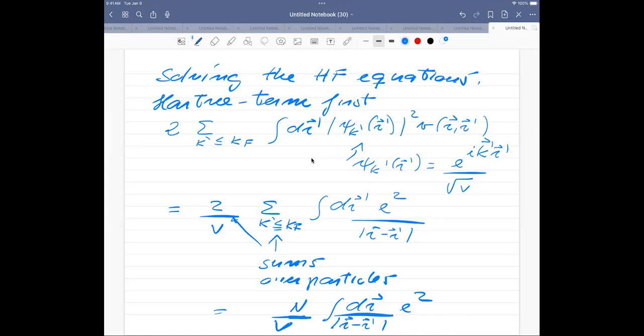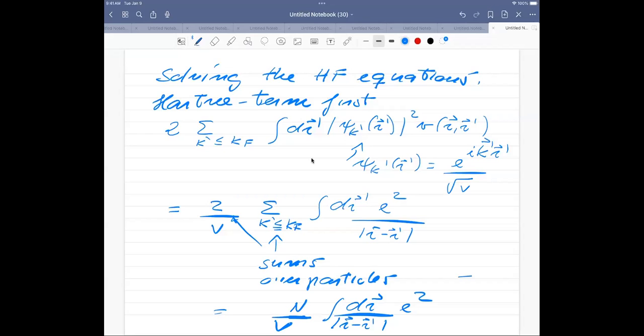And I'm skipping other terms here. So I've only kept the electric charge. But I should have kept the permittivity of vacuum and 1 over 4 pi, but I'm just skipping them. So you can think of this e squared as something which contains all these factors, okay? So keep in mind now that the factor of 2 is because of the spin degrees of freedom.